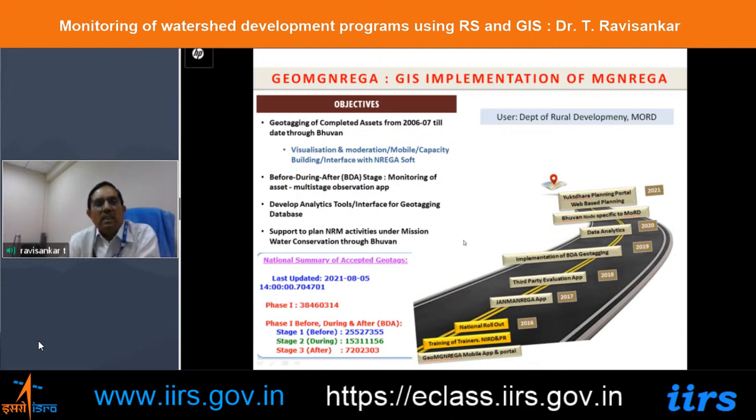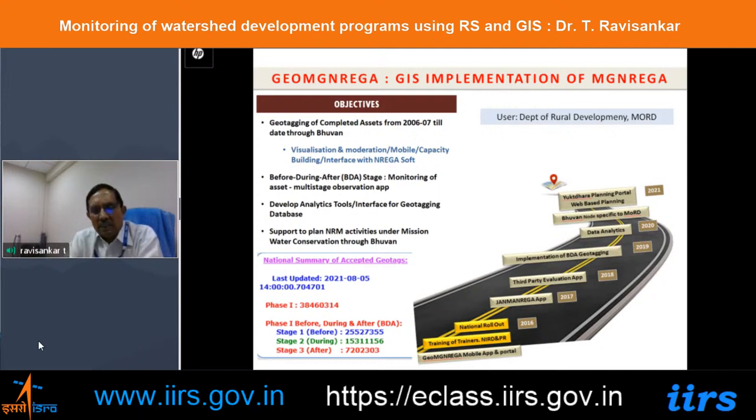In the initial phase, it is only geotagging and visualization on the Bhuvan portal, and then capacity building and interface. The beauty of this particular program on Bhuvan is a strong interface between the MIS of the Department of Rural Development (DoRD) and the NRSA Bhuvan portal.